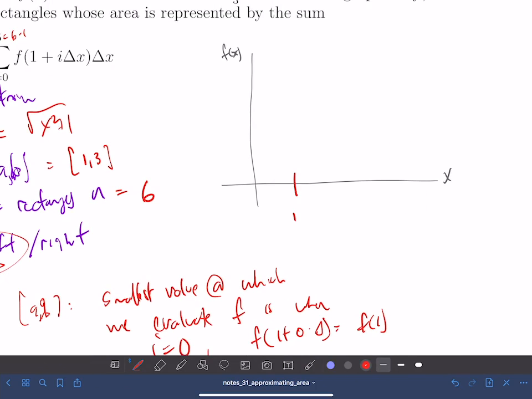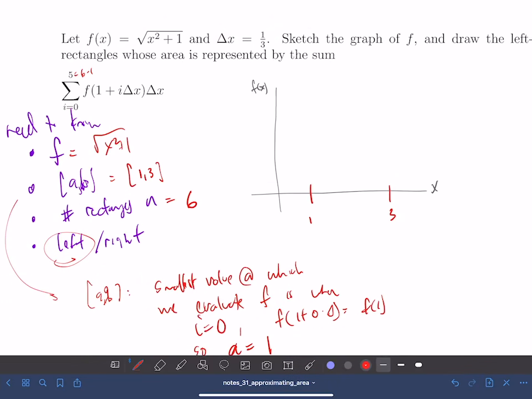So from 1 to 3, I need the square root of my various x squared plus 1s. There we go. Delta x is a third. This height here is 1. Nope, that's root 2, because the square root of 1 squared plus 1 is root 2.